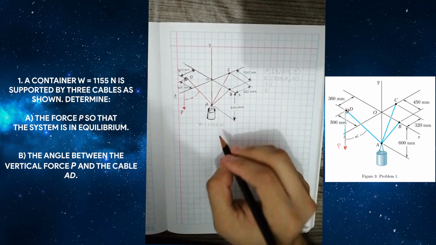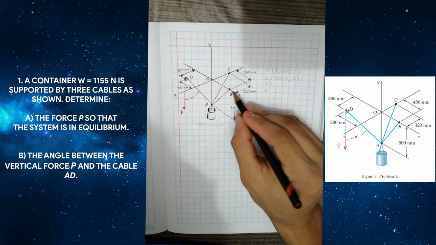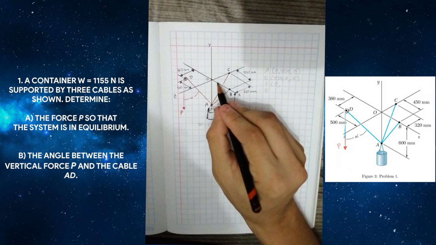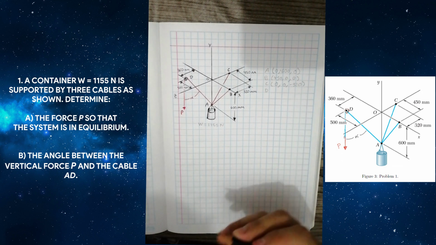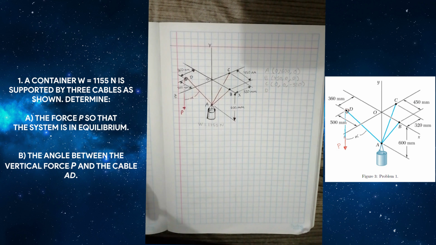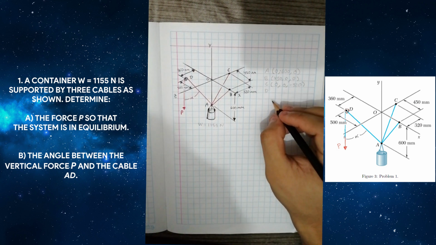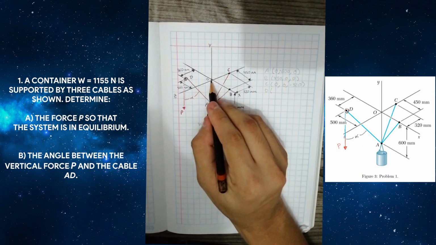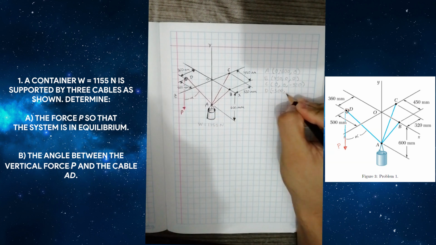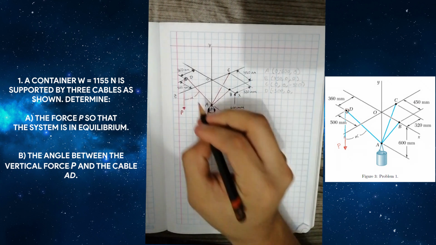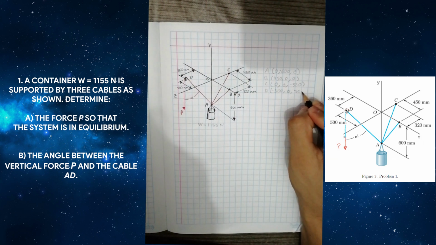The point C is at 0 in X, 0 in Y, and minus 320 in Z. And the point D is at minus 500 in X, 0 in Y, and 360 in Z direction.